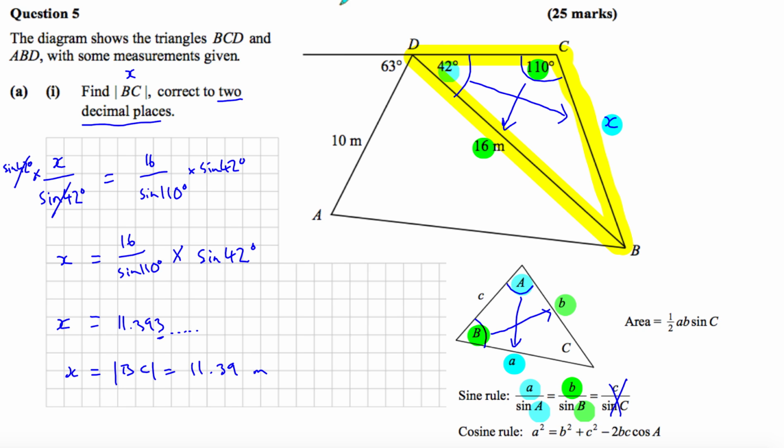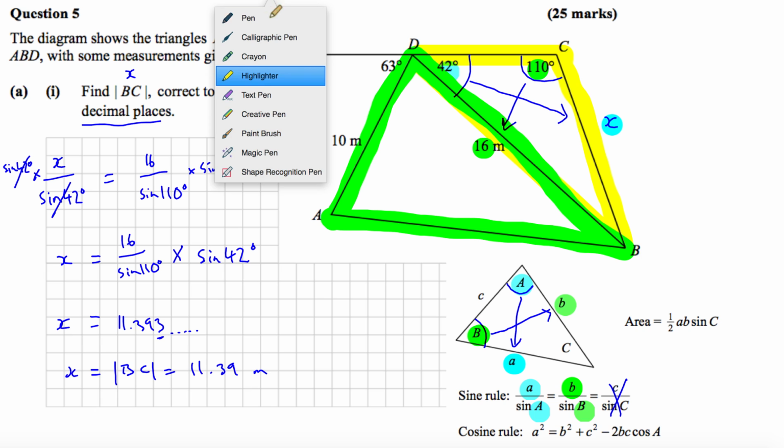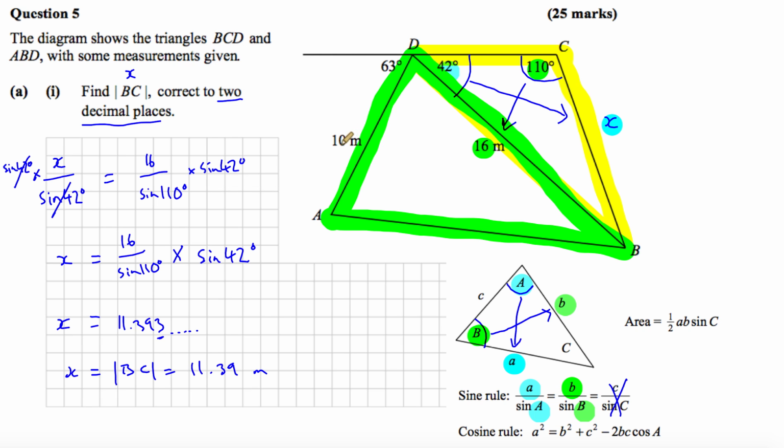In other words, there's AB, it's part of this triangle here. So the triangle ABD. So I'm going to draw that triangle. Well, before I draw it, what do we have? We have two sides in the triangle, 10 and 16.